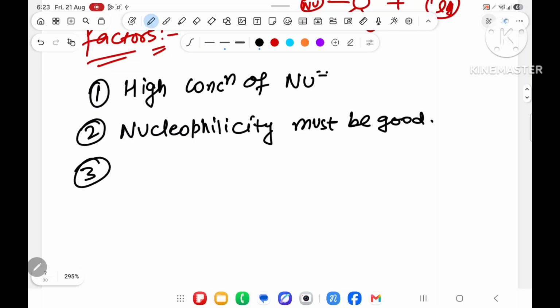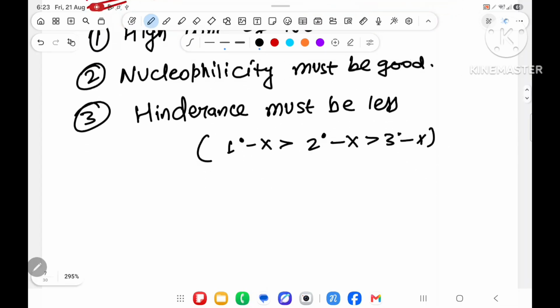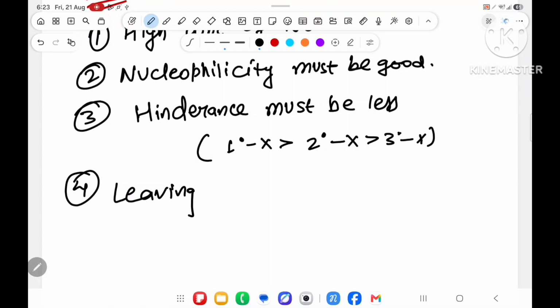Third important point, steric hindrance must be less. Hindrance must be less means 1 degree alkyl halide will do more, then 2 degree alkyl halide, then 3 degree alkyl halide. Fourth important point, the leaving group must be good.